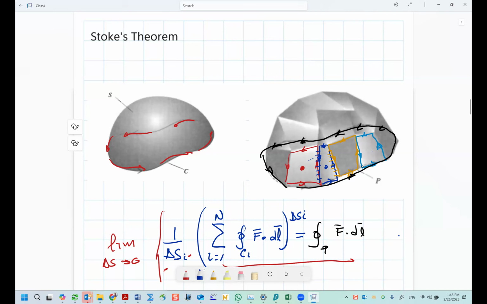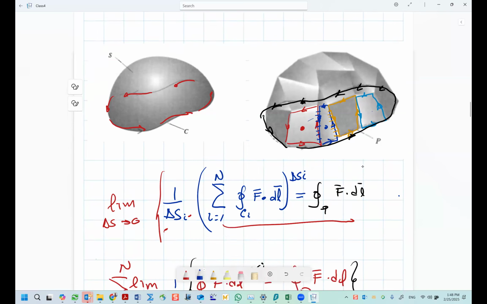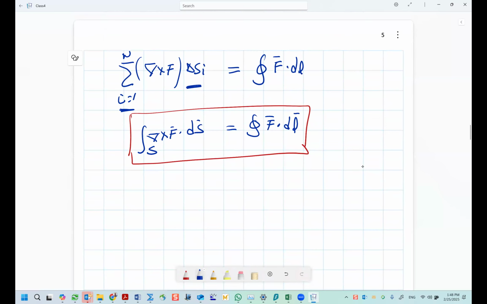And so if you're trying to measure how much rotation or how many whirlpools are in there and in what direction, you can only integrate around the perimeter. And that's it. You don't need to do more than that.